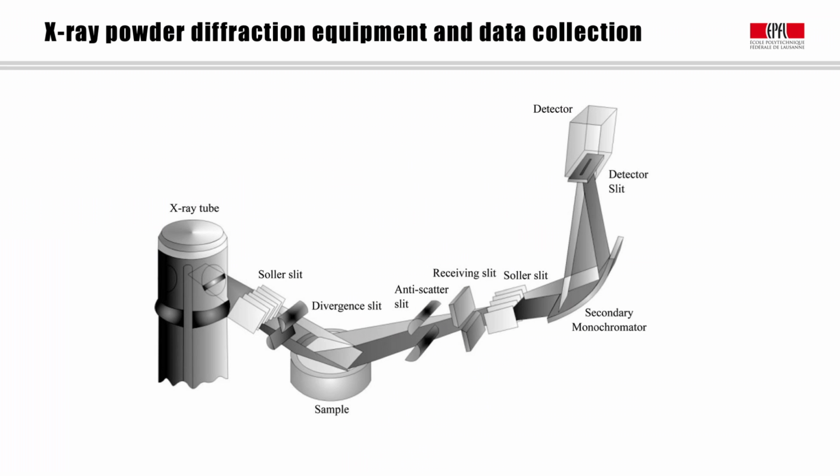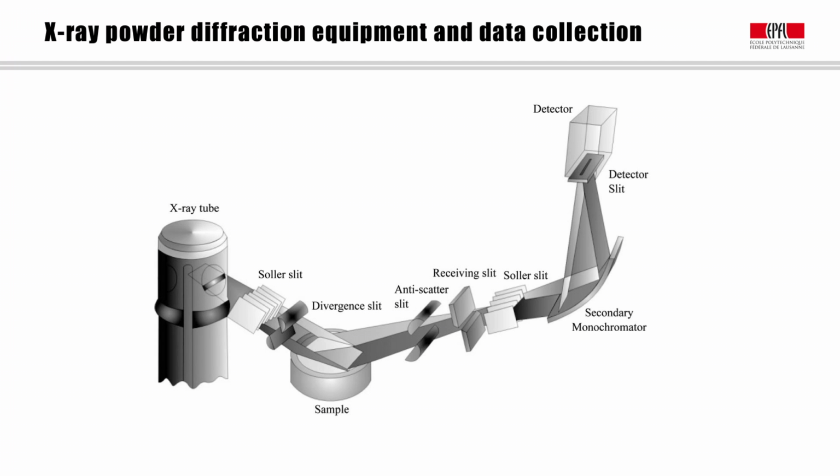The peak to background intensity and the peak resolution are the most important parameters to assess the quality of a diffraction scan. Increasing the peak to background ratios can be done by increasing measurement times, increasing X-ray source intensity, or decreasing background scattering intensity.